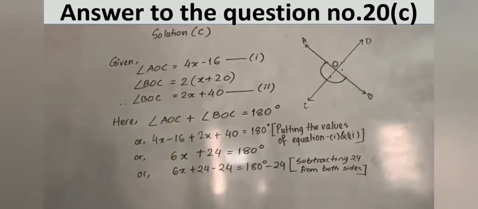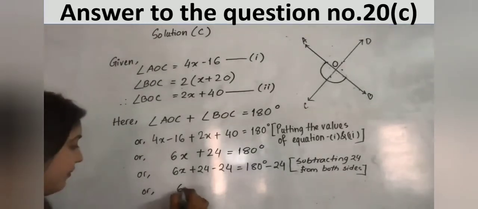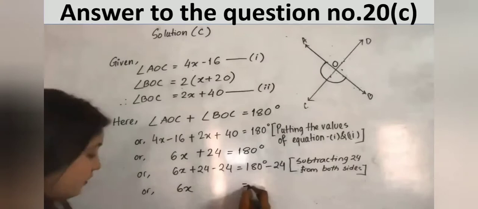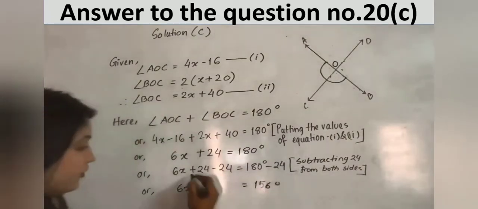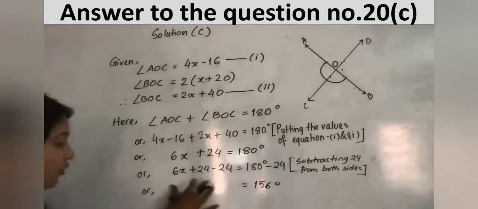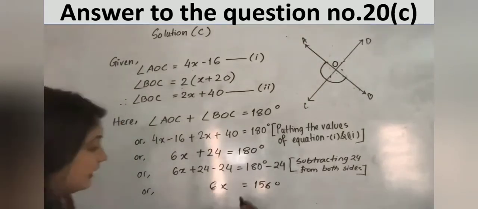So if you subtract 24 from 180 degrees, what will you get, students? Yes, do the subtraction, I am writing. So here it is 156 degrees. And here 24 minus 24 is 0. So we are left with only 6x.